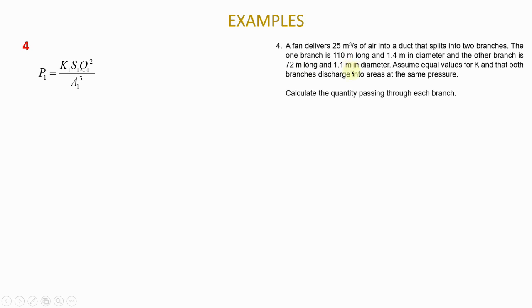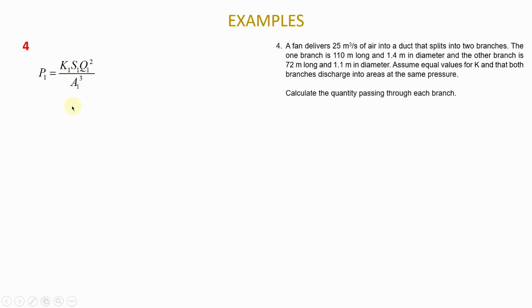So now using Atkinson's equation, applying it to the first branch, we can write it like this: P1 = K1 S1 Q1 squared divided by A1 cubed.